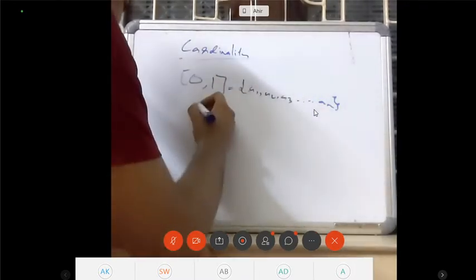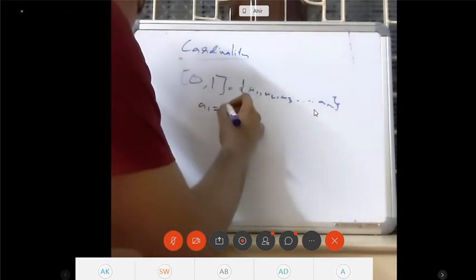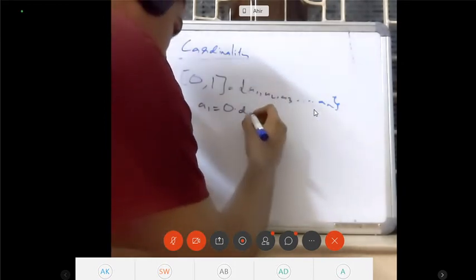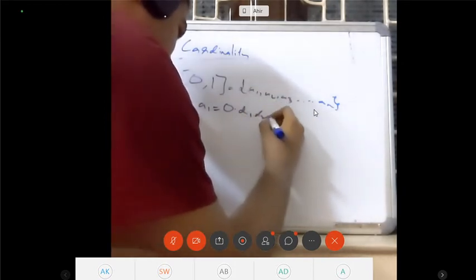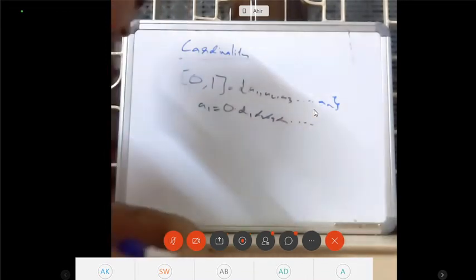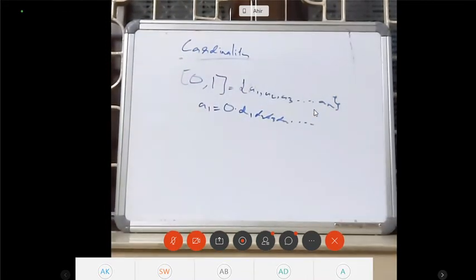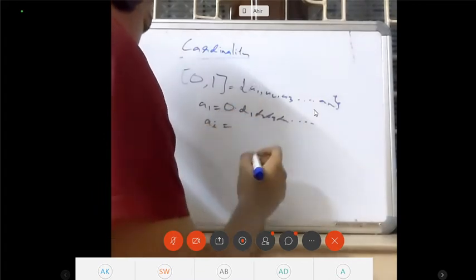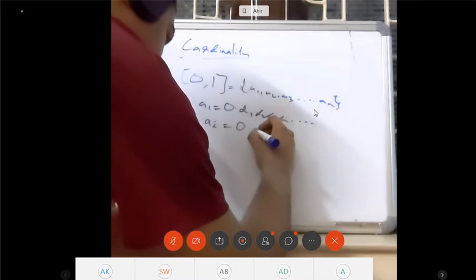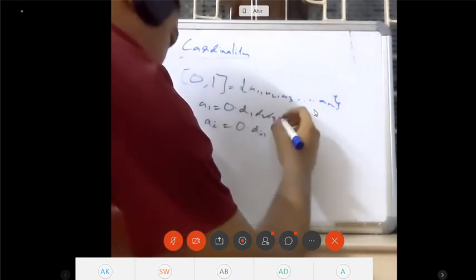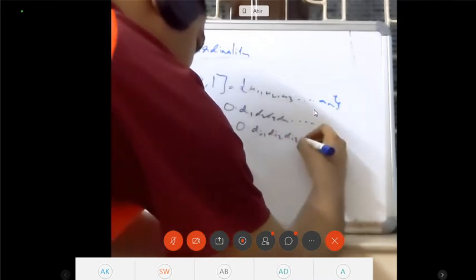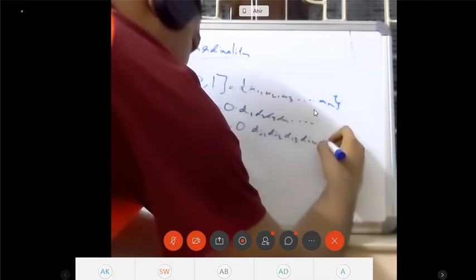So if we write A1 in binary, we get something like A1 is equal to 0.D1, D2, D3, D4, and so on, where D1, D2, D3, D4 are either 0 or 1. Now define A_i as 0.d_i1, d_i2, d_i3, d_i4.